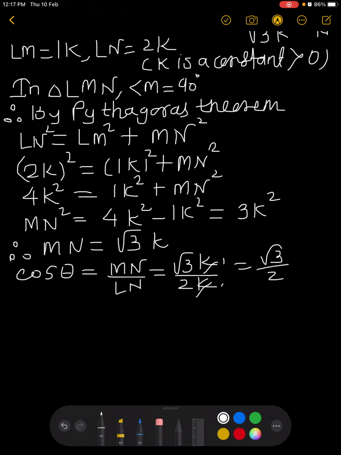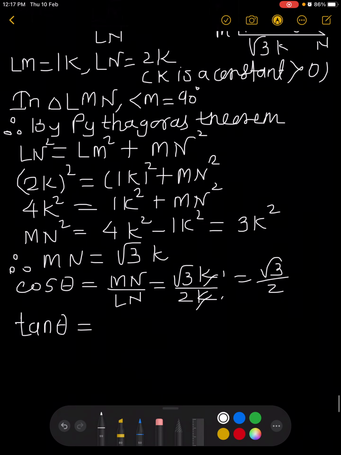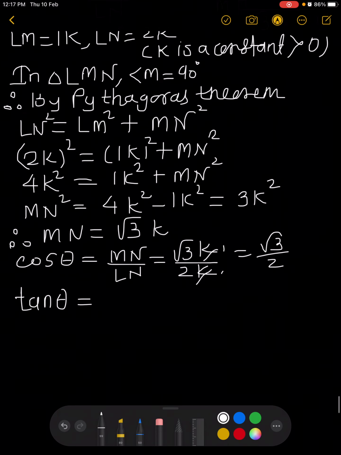Now we are going to obtain the last ratio tan theta, where we write opposite side LM and neighbor side MN. LM upon MN. LM is 1K and MN is root 3K. We are obtaining here 1 upon root 3 for tan theta.